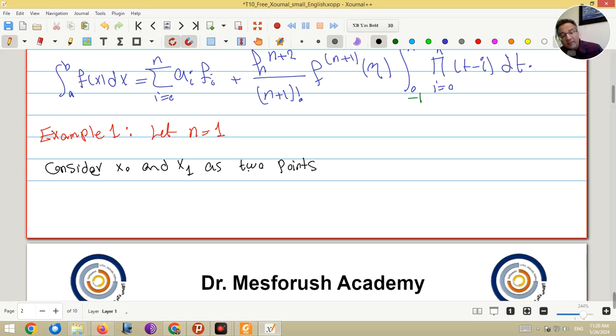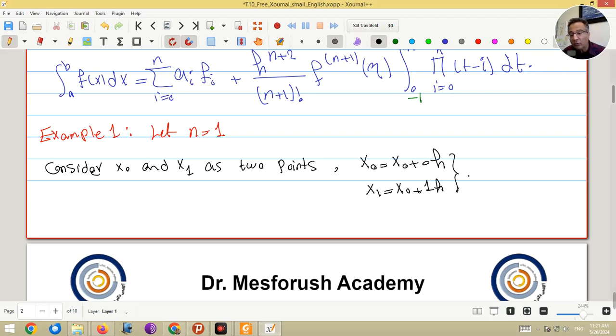Okay? When we have n equal to 1, we want to compute the trapezoidal integration formula again, but with the new method, the Newton-Cotes method. So we can put x0 equal to x0 plus 0h, and x1 equal to x0 plus 1h.